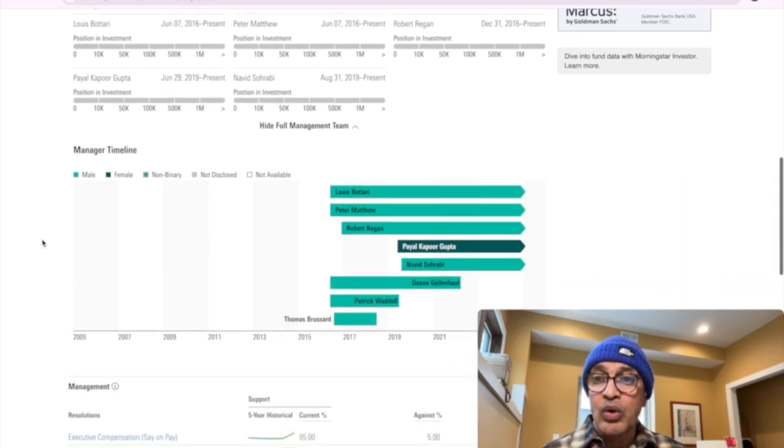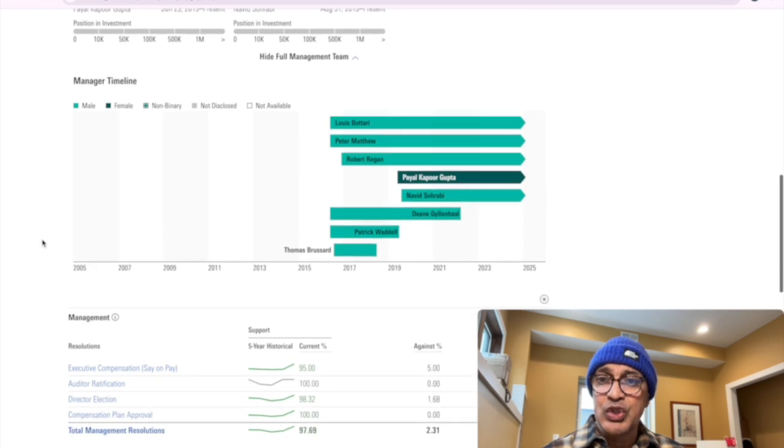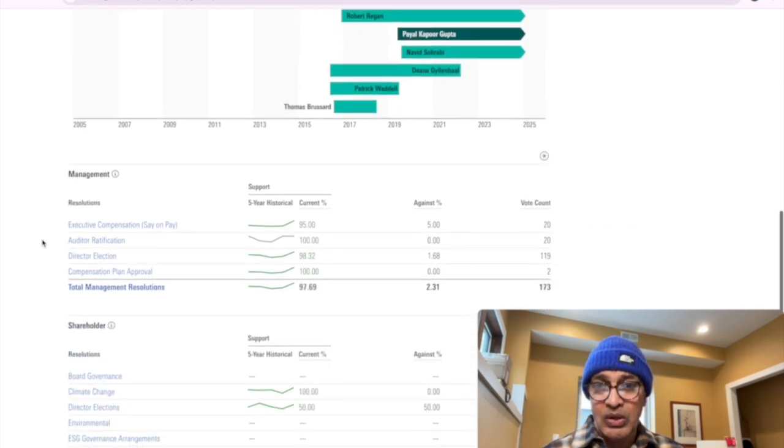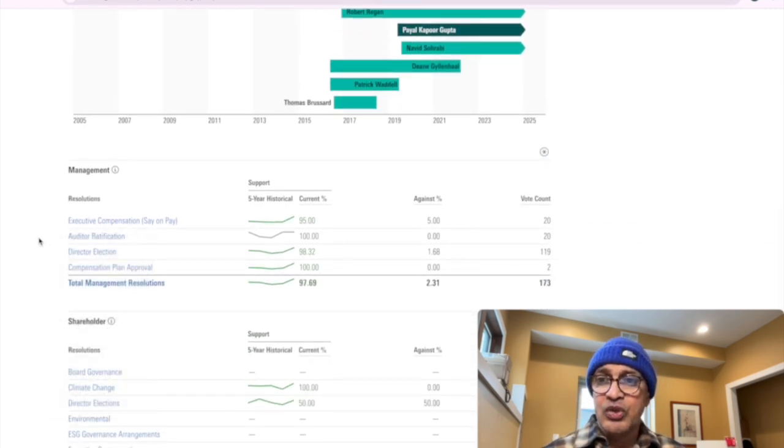It's good to know that your fund has manager tenure that is pretty long. You want it that way, so that you know what you are buying into. Because when you're buying into a fund, although this is a passively managed fund, there is still a 15% turnover. So it is important for you to know that you have managers who can be relied upon, who have a proven track record of performance.